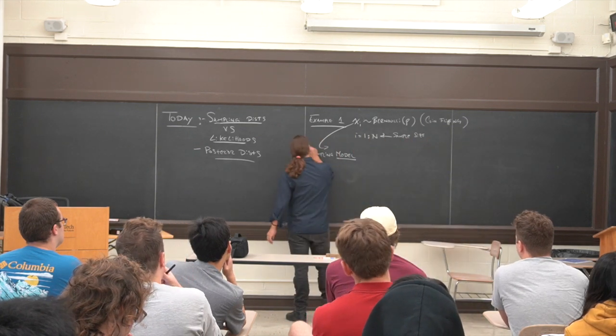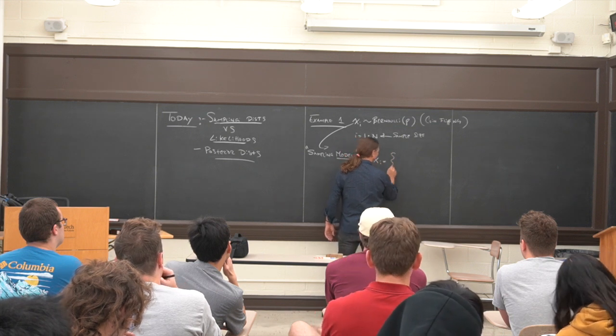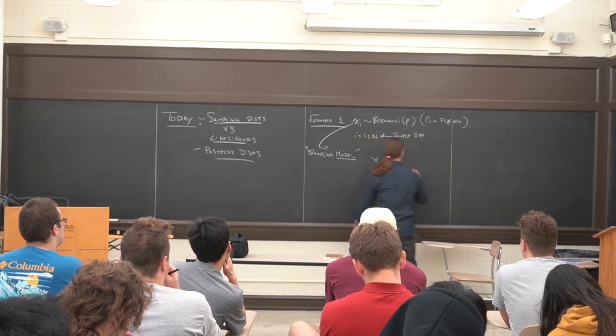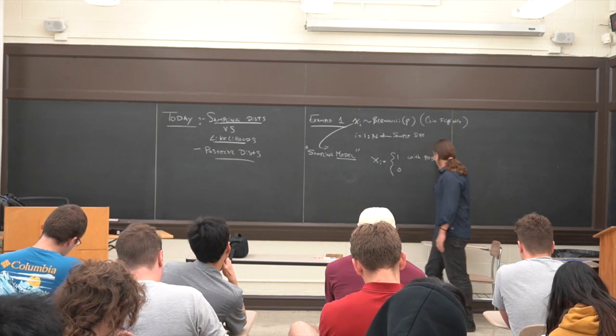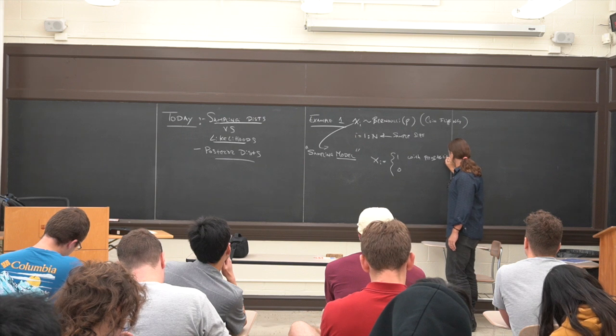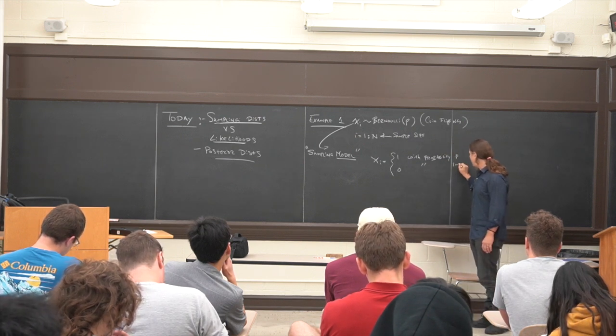So for the sampling model, I could just write down xi is equal to either a 1 or a 0, and this happens with probability p, and this is going to happen with probability 1 minus p.